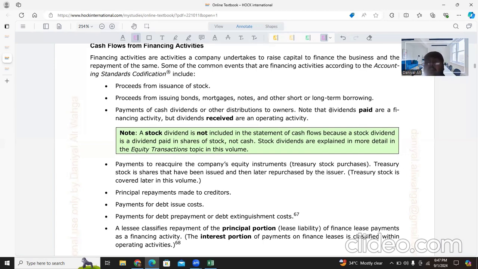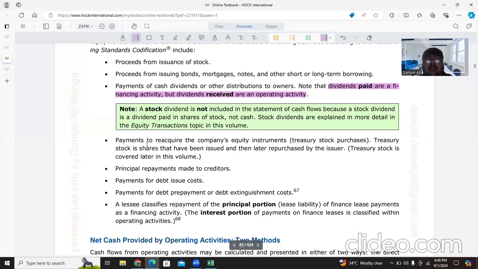If you have some investments, then that is a part of your operating activities. But if you are paying a dividend, then it is a part of your financing activities. Further, it says payment to reacquire company's equity instruments, means you buy back your shares, treasury stock purchases, you buy back some other things. Principal repayments made to creditors, payments for debt issuance costs, payments for debt prepayment or debt cost, and lessee classification, repayments of principal portion.